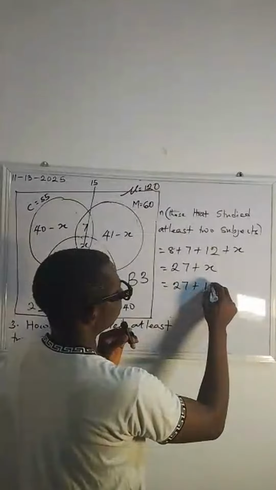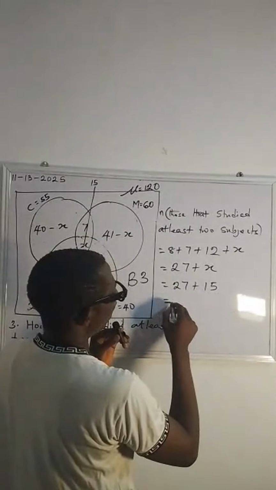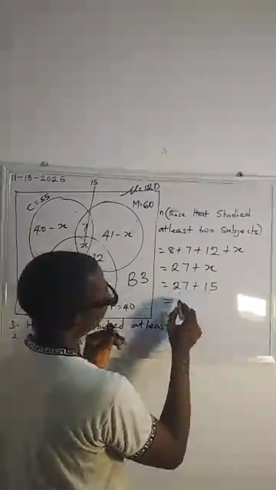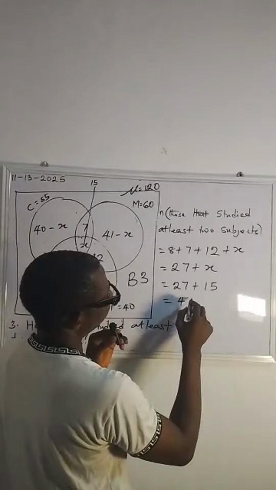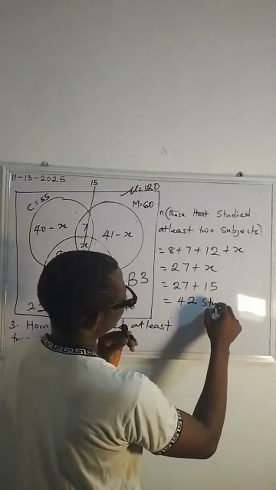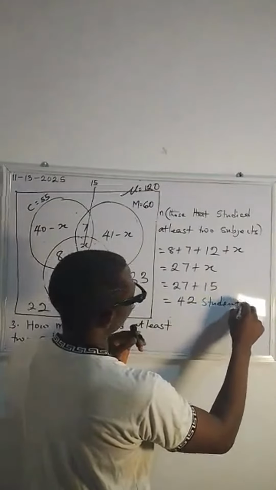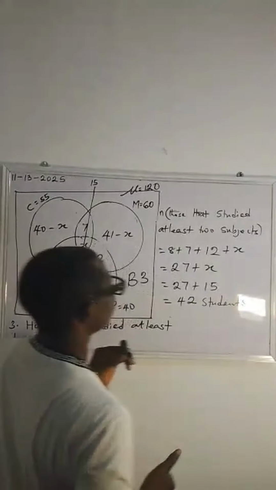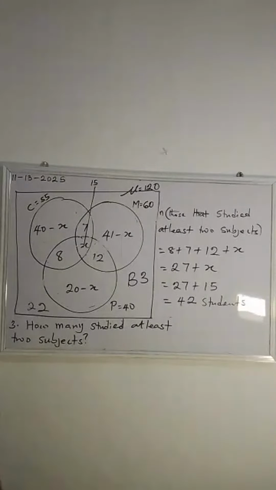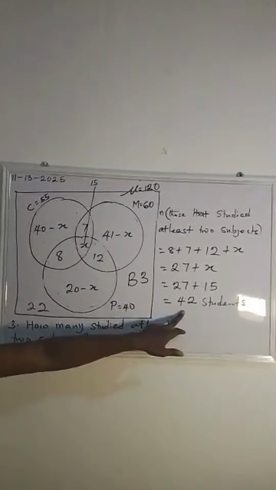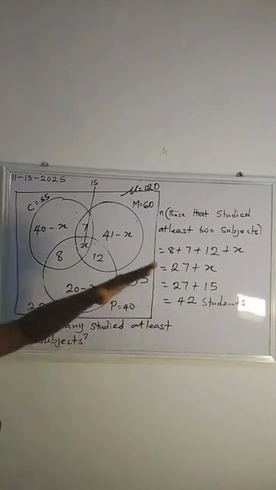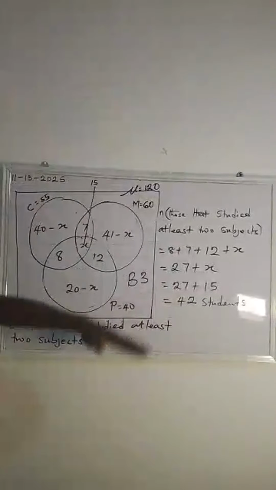So let's add this and this: we have 30, 40, 42. 42 students studied at least 2 subjects. Can you see that now? 42 students study at least 2 subjects. That is 2 upward.